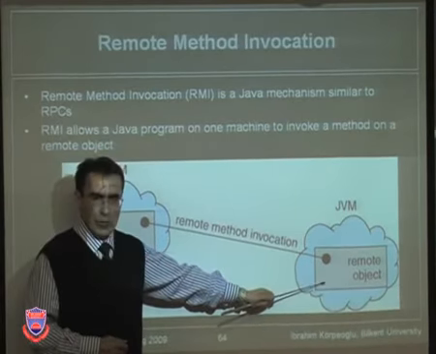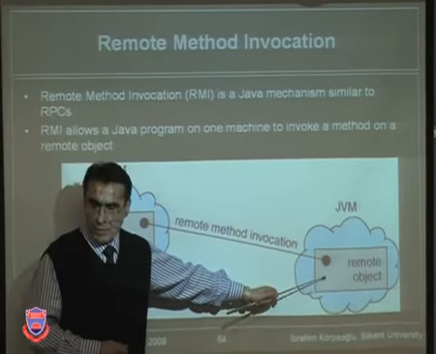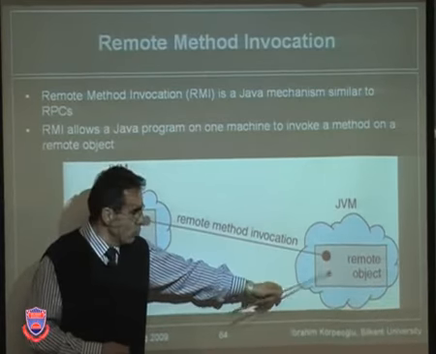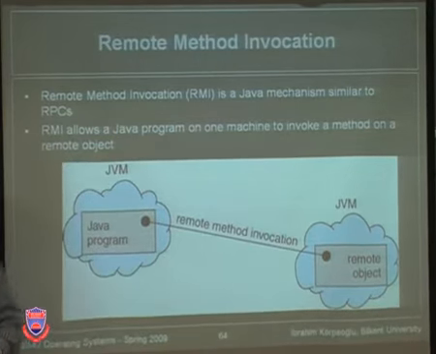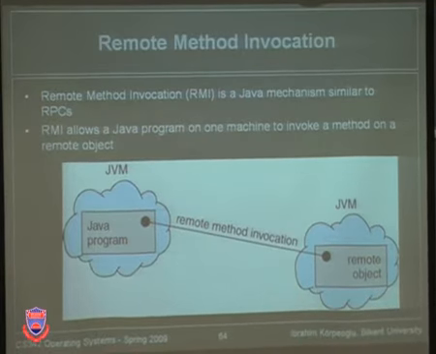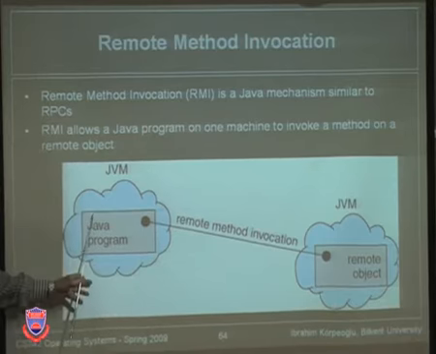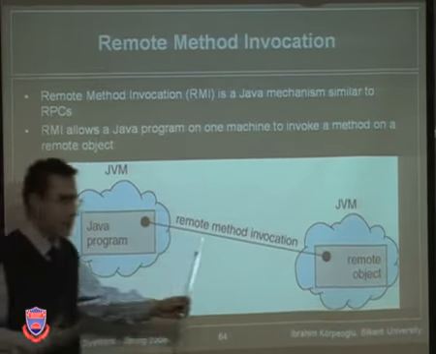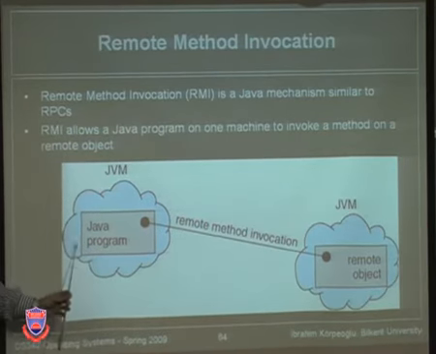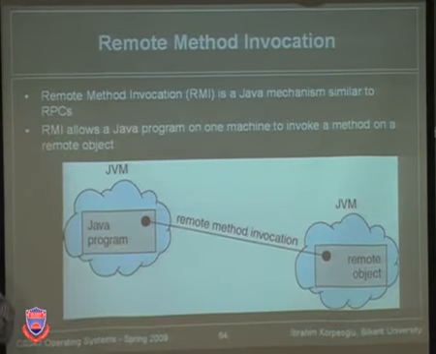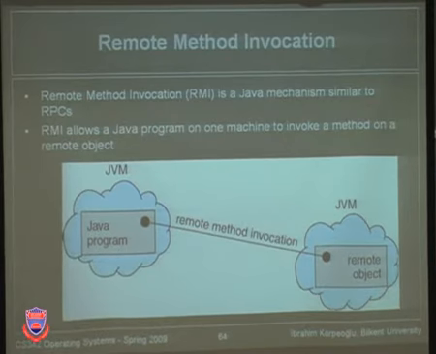Then the remote method is implemented and also run there. And the service is actually performed there, and the results are returned back to you, okay? So Java has such a feature as well. In this way, you can have that program and this program communicate, and this program, for example, this client, can ask that server to do some service for this client, okay? So a client-server system can be implemented in this manner.